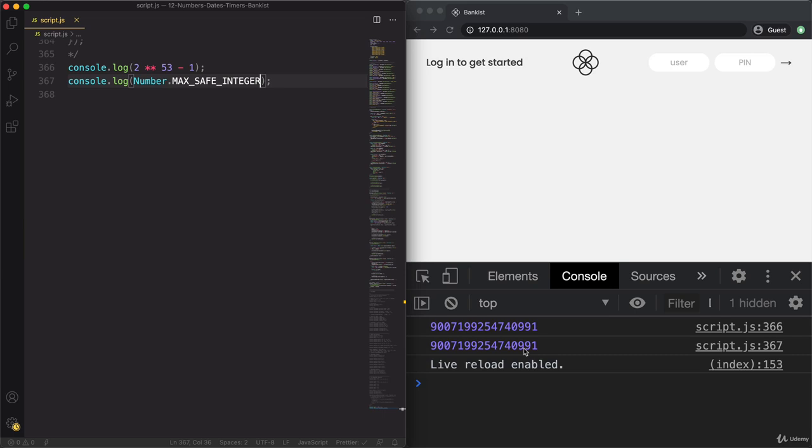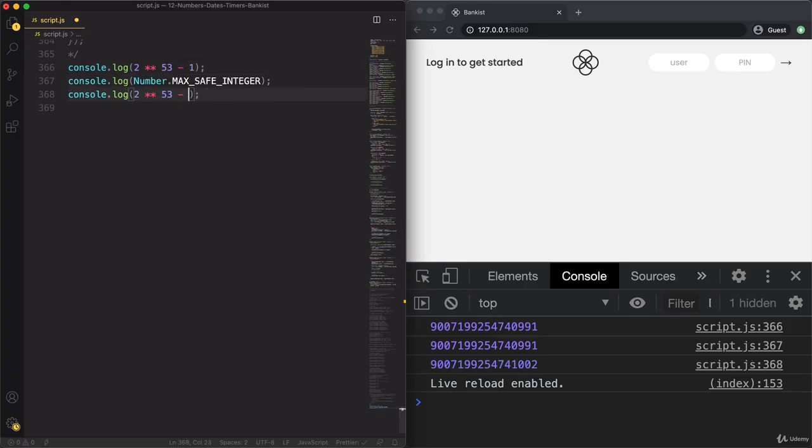All right. So any integer that is larger than this is not safe. And that means it cannot be represented accurately. So let's duplicate this line here and, for example, add 1 to this. And so you see that this is not correct, right? It only added one number to this one where it should have been added 2.